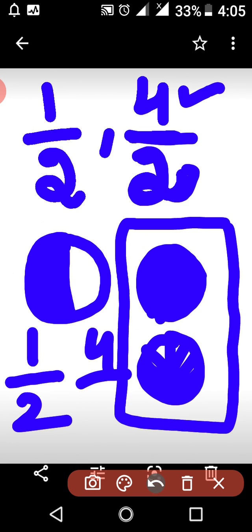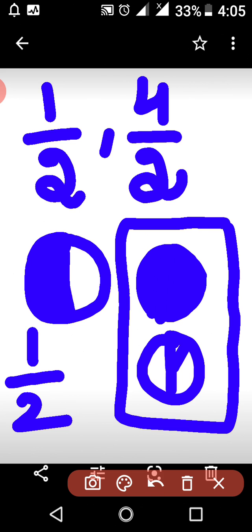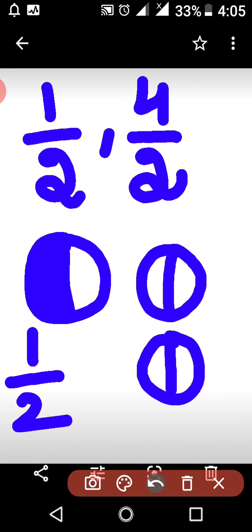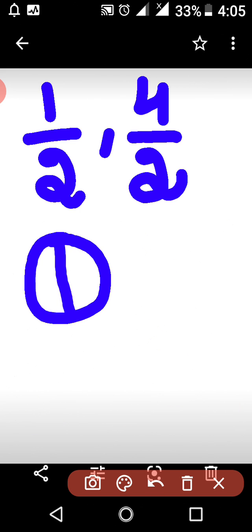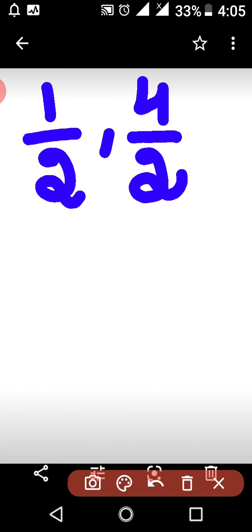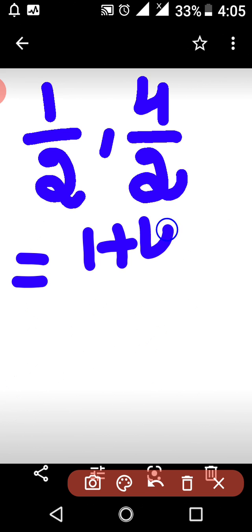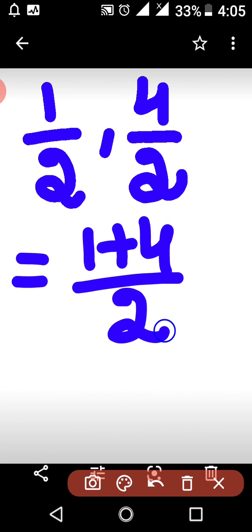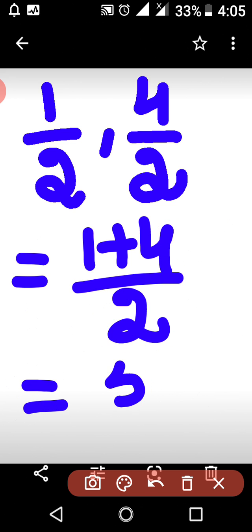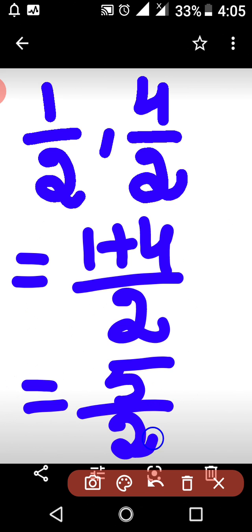So 1 by 2 and 4 by 2 is 1 plus 4 by 2, that is 5 by 2. This is addition of like fractions.